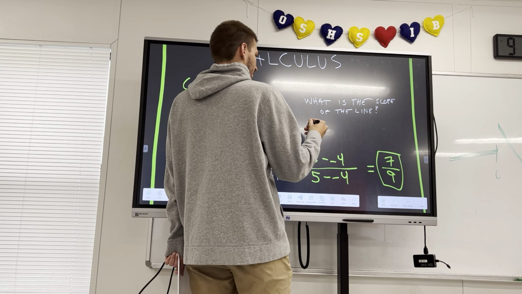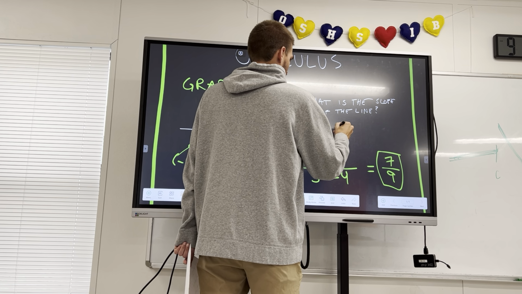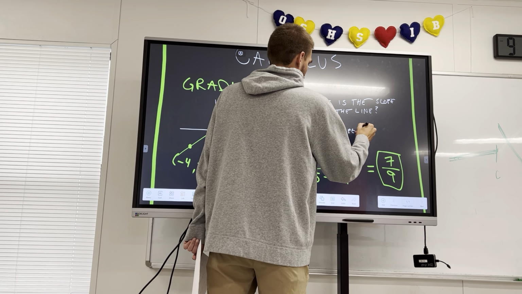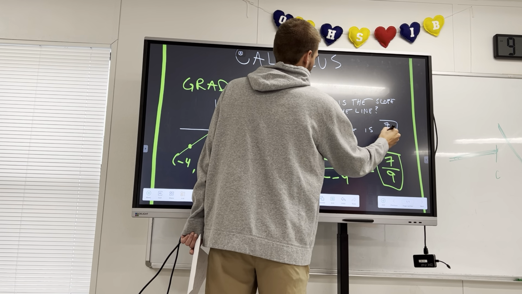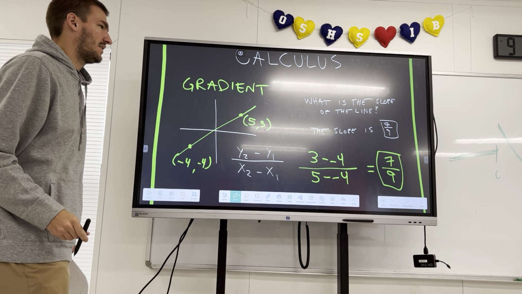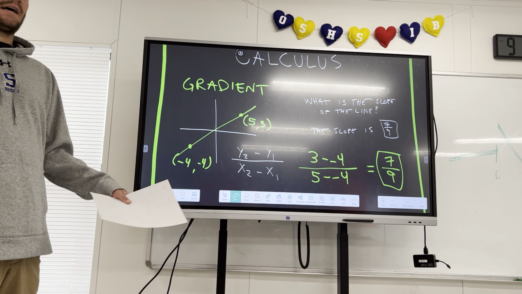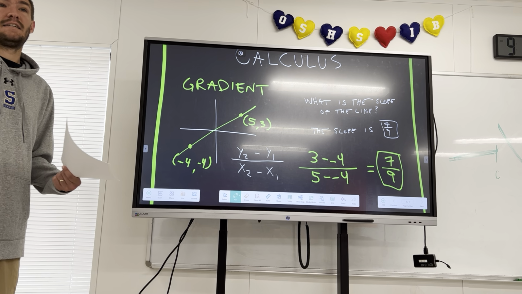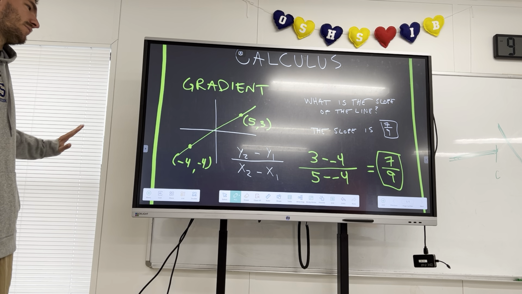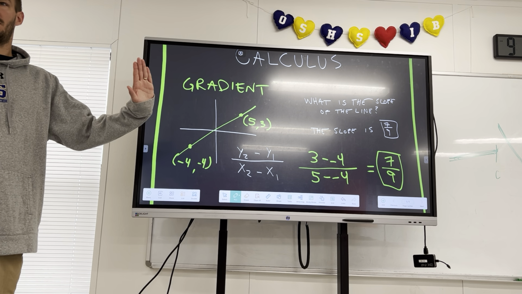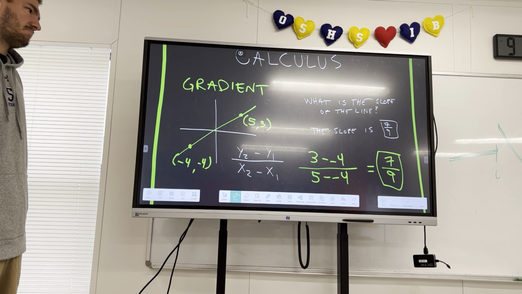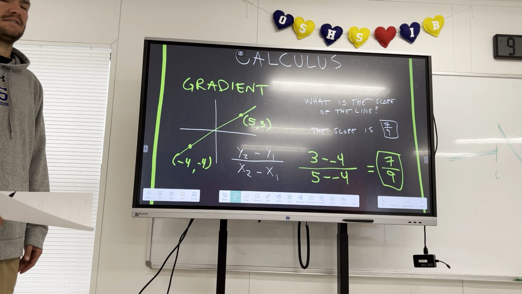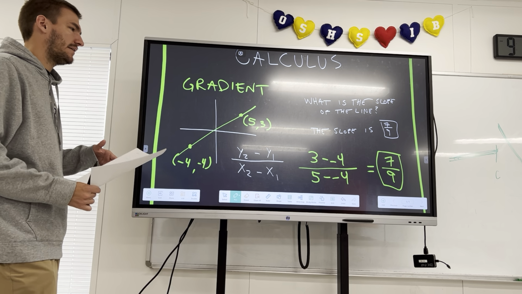And we're able to answer with the slope is 7/9. The reason we're able to do that is because this is a line. And what do we know about lines and linear graphs? Their slope stays the same. Slope is always the same. It's just constant slope. That's kind of what makes it a linear line.